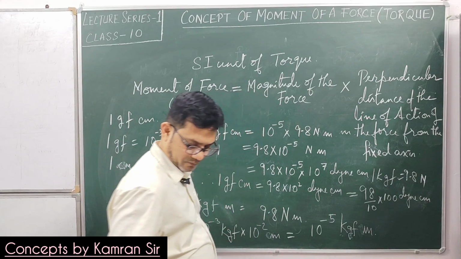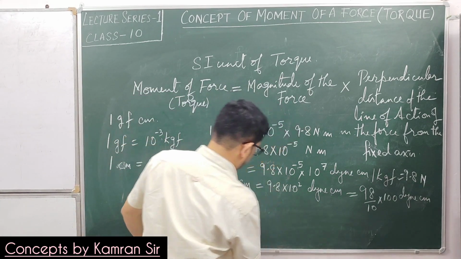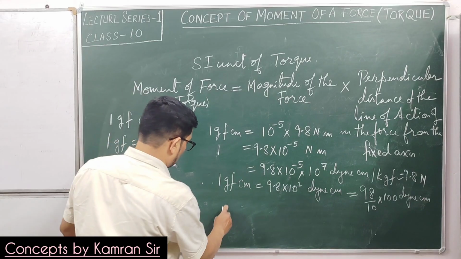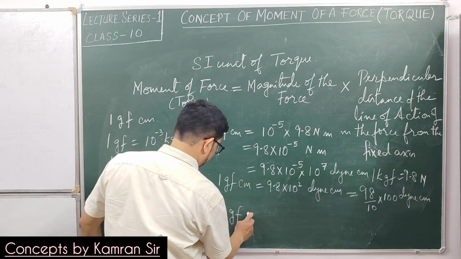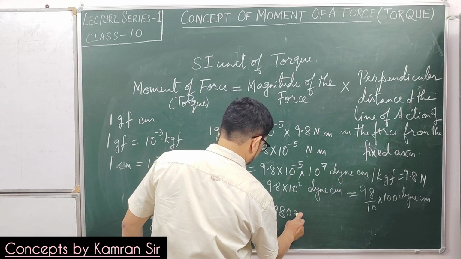Therefore, we can write this as 1 gram force centimeter is equal to 980 dyne centimeter.